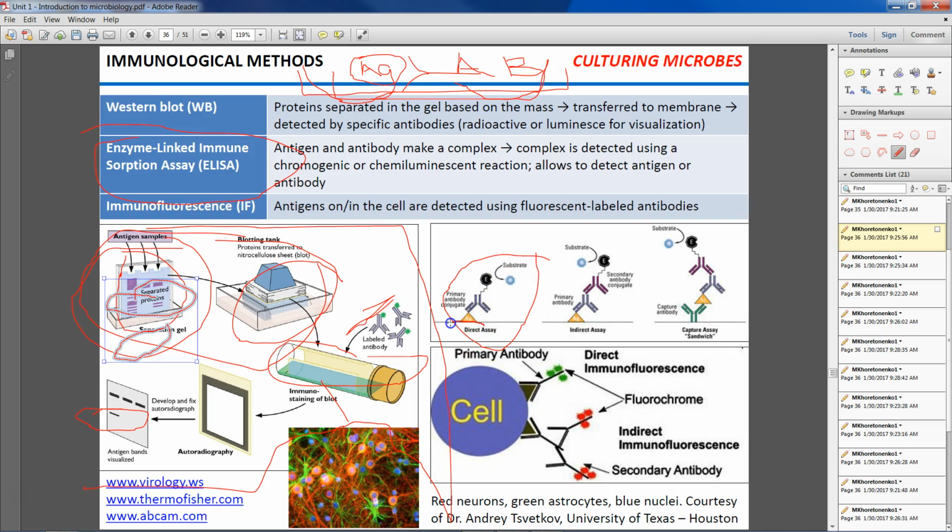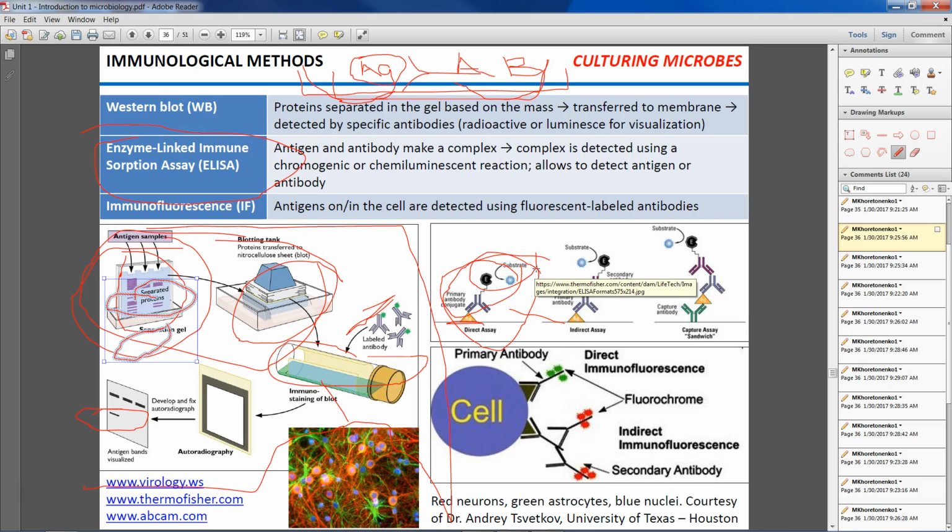You see the antigen, that orange triangle, interacts with an antibody. The antigen is adsorbed on the surface of a little plastic well. When antigen and antibody form the complex, you can detect it using a specific enzymatic reaction.